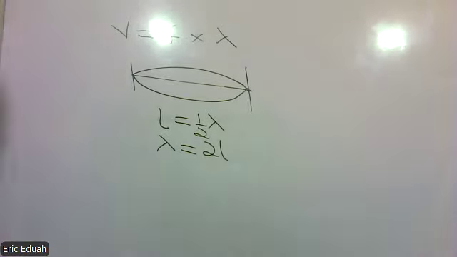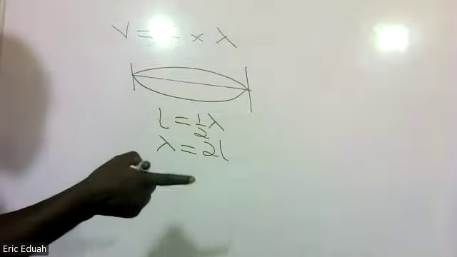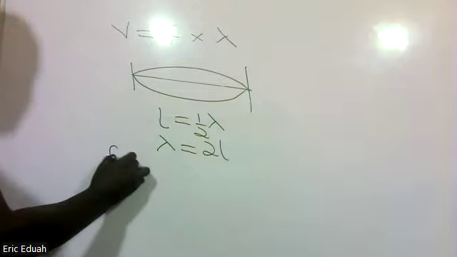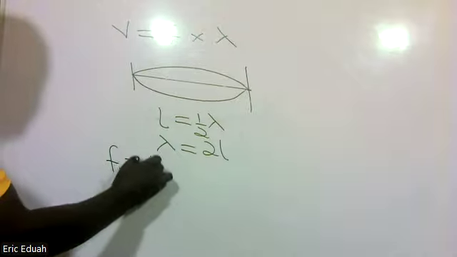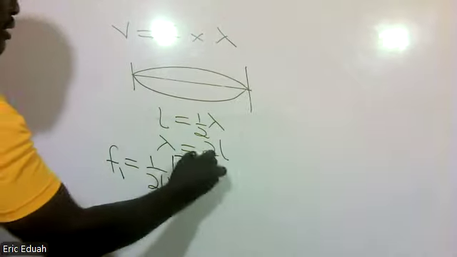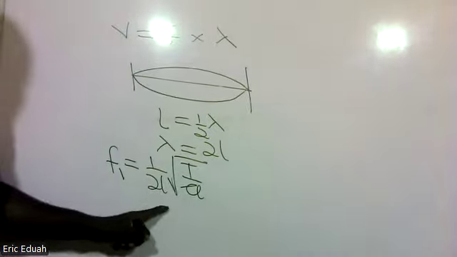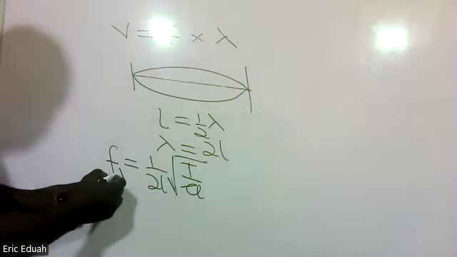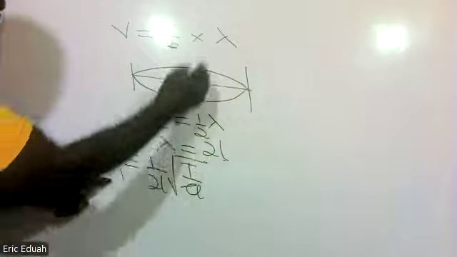Then if it's the first mode or harmonic, F will be equal to F1, 1 on 2L times the square root of T on mu. So we'll use this to find F, and this is also giving us the wavelength.